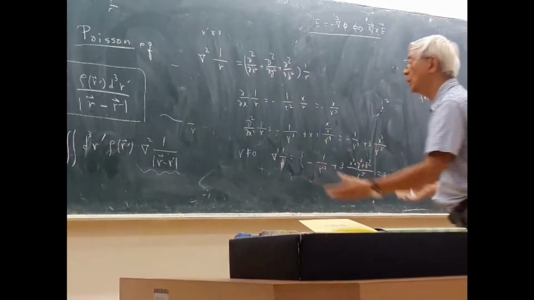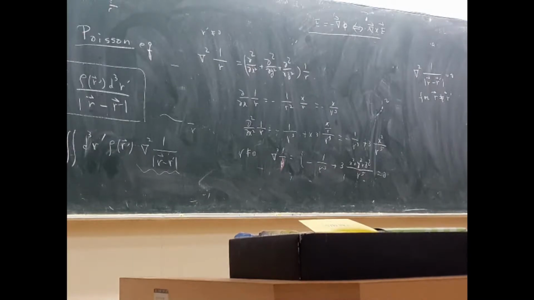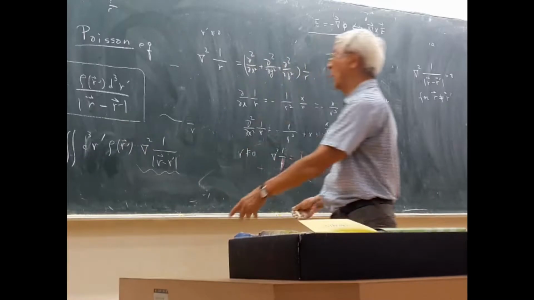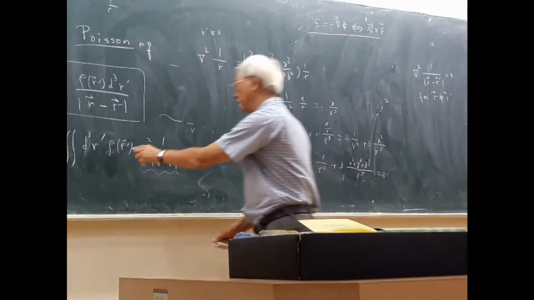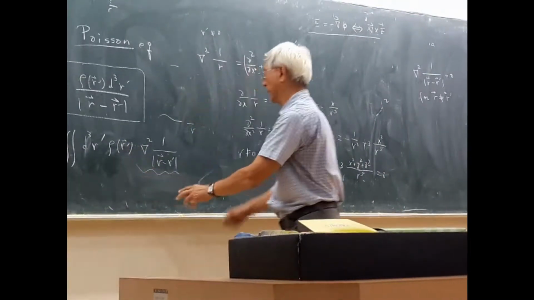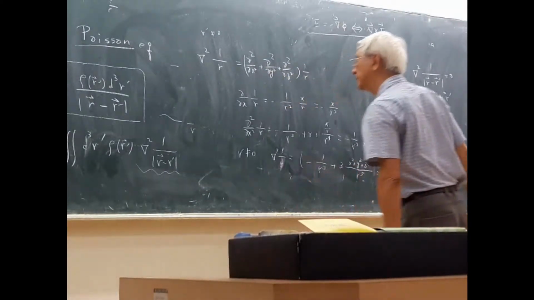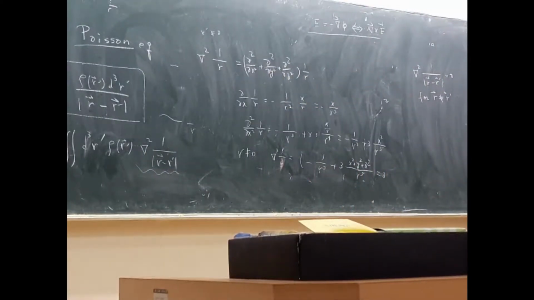Everything is 0. Okay, and so in general, when r is not equal to r prime, everything is 0. Only the value around r, the value around r then is divergent.